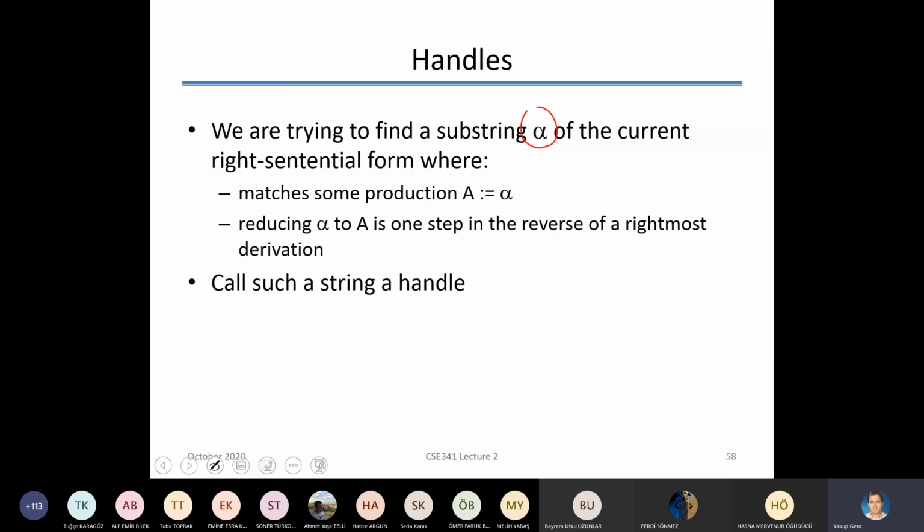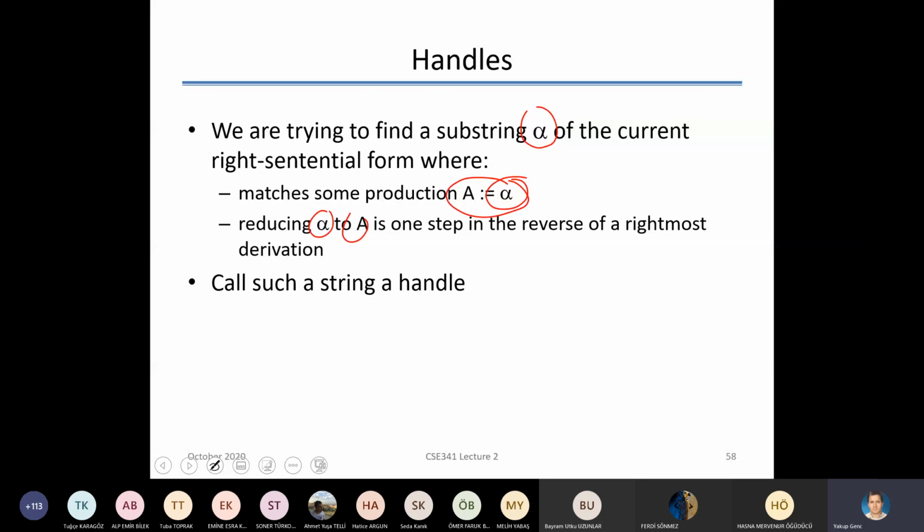Then we reduce this to the left-hand side, so that we obtain a rightmost derivation. We call this part a handle.